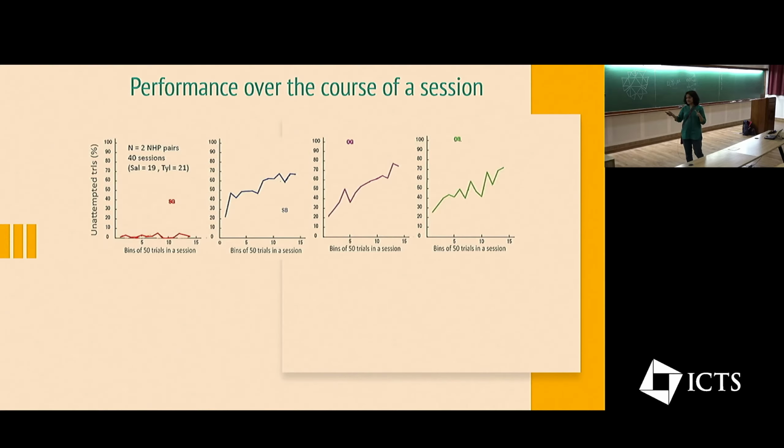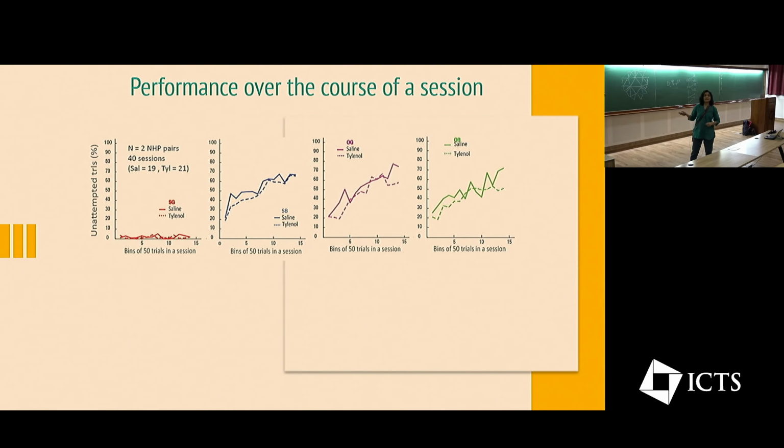But what was interesting was after a dose of acetaminophen, and after 1 hour, if you record from the monkey again, you see the percentages of these unattempted trials going down. What does it mean? You end up seeing monkeys perform these trials regardless of the valence and who is at the receiving end.